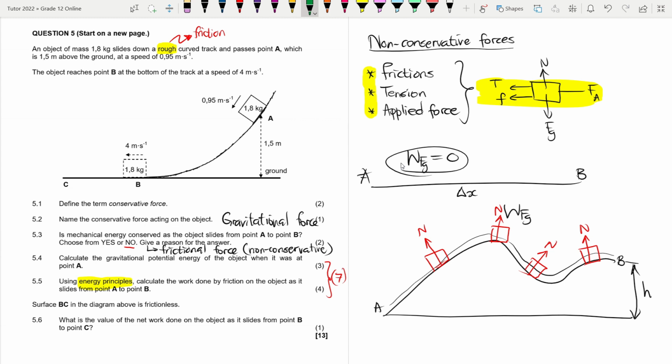Oh, it's zero, of course. Yeah, it's always going to be zero. We can check Fg. Fg is not always perpendicular to the direction of motion, as we can see. So the work done by Fg is not zero, but for the normal force, it's always going to be zero.